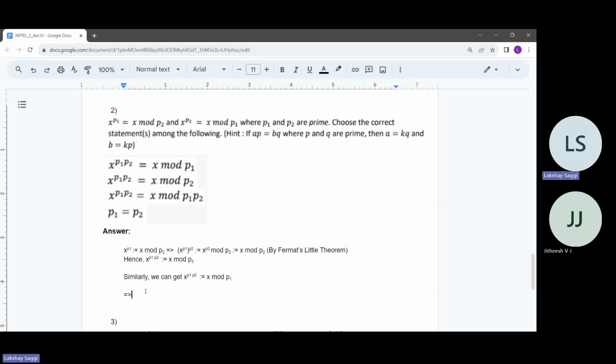So by this, what can we write? We obtained that x raised to power p1 p2 is congruent to x mod p2. What this means is that x raised to the power p1 p2 minus x is divisible by p2.